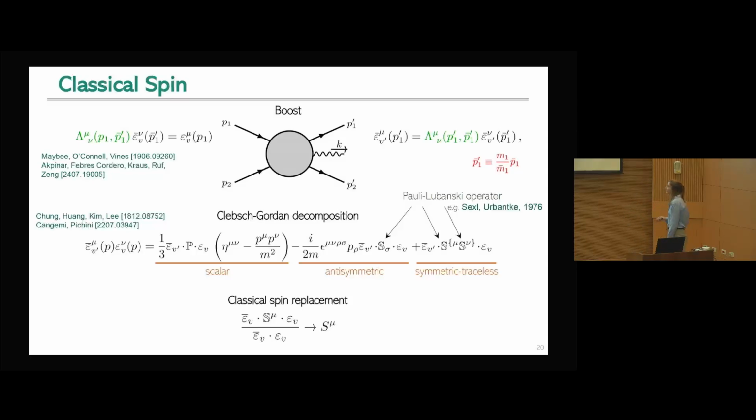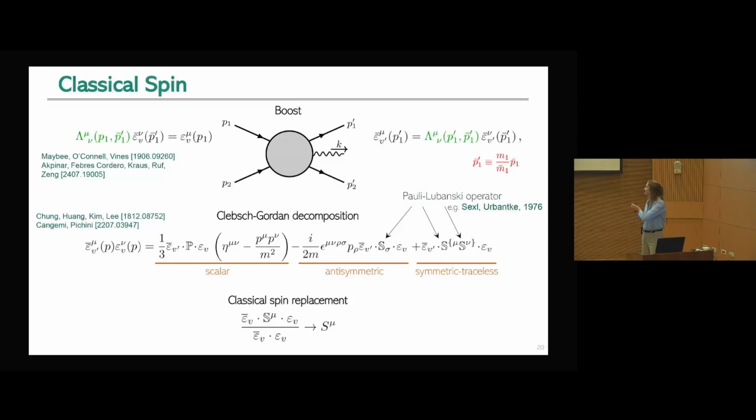So the trick here is to first write all polarization vectors in the same frame. So we take the ingoing polarization vector that's in the frame of the ingoing one and that of the outgoing one, and boost it to that of the averaged momentum.